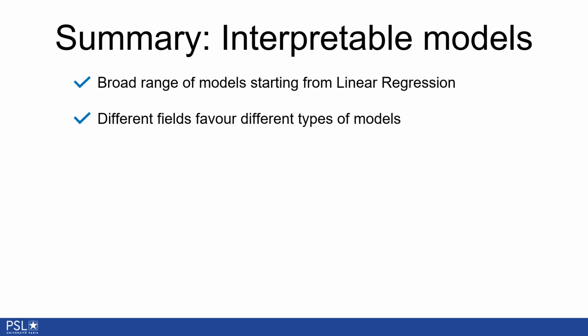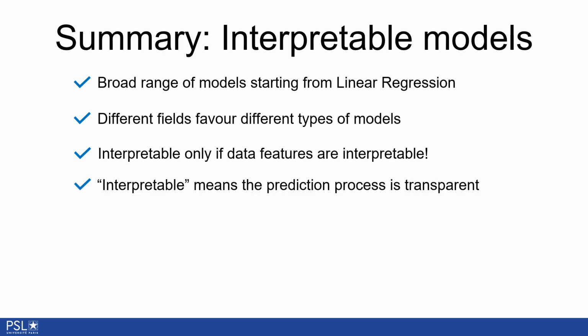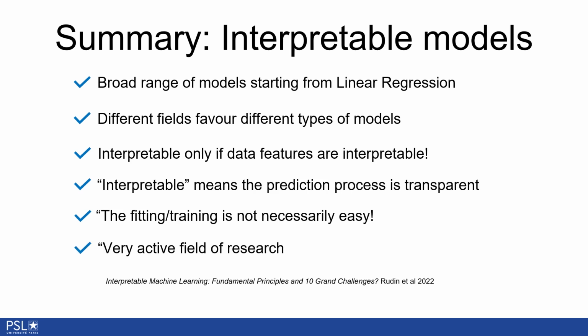Different fields tend to favor different types of models, and it is important to keep in mind that a model is interpretable only if the data features are themselves interpretable. Interpretable means that the prediction process is simple and transparent, but in general, fitting or training interpretable models is not necessarily easy, and for many of these models, the optimization problems underlying training are a very active field of research.